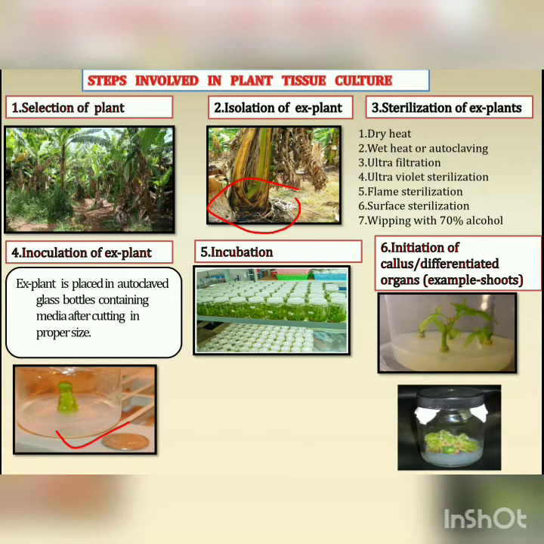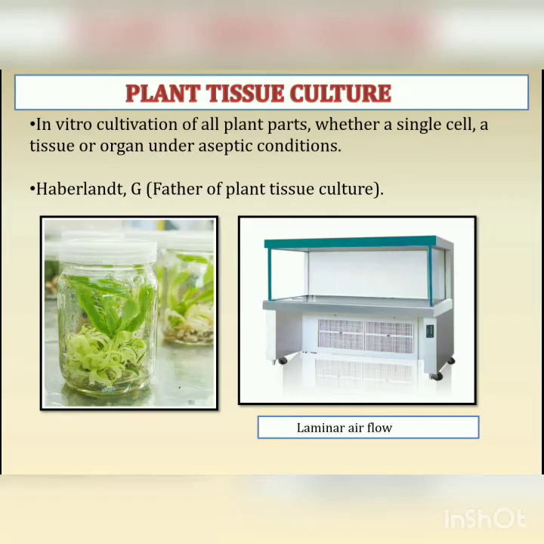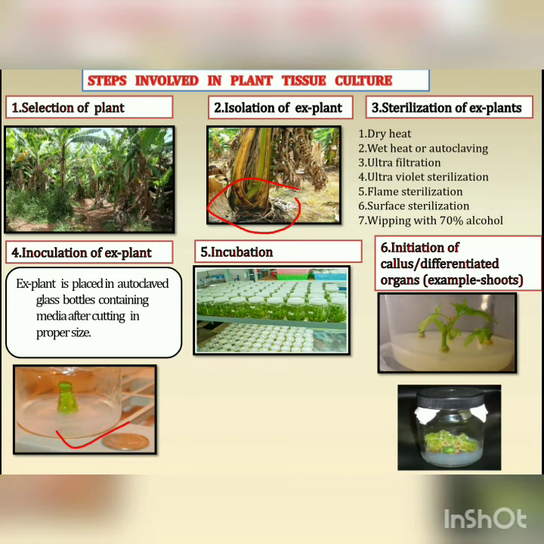The first image is of the differentiated organs: after we have inoculated the explant, some growth is seen, and shoots are coming.